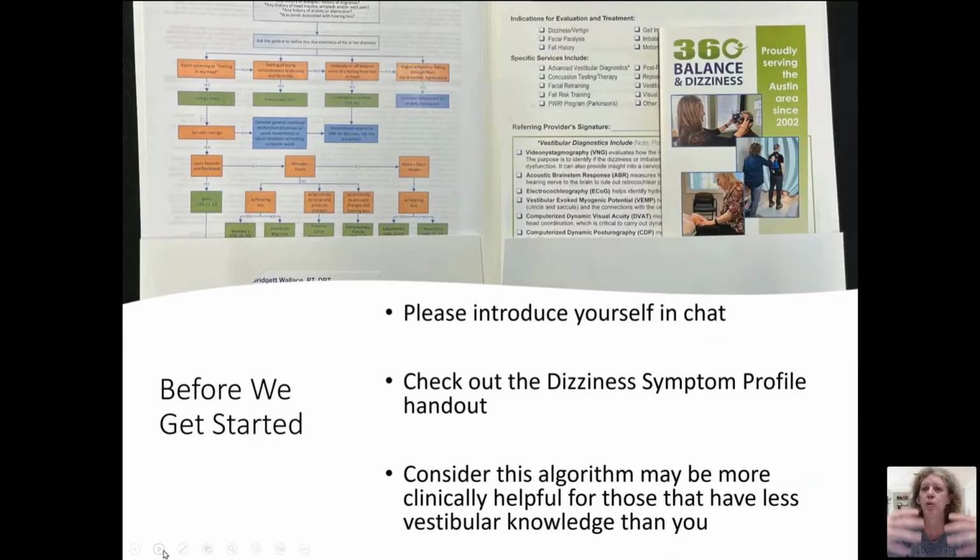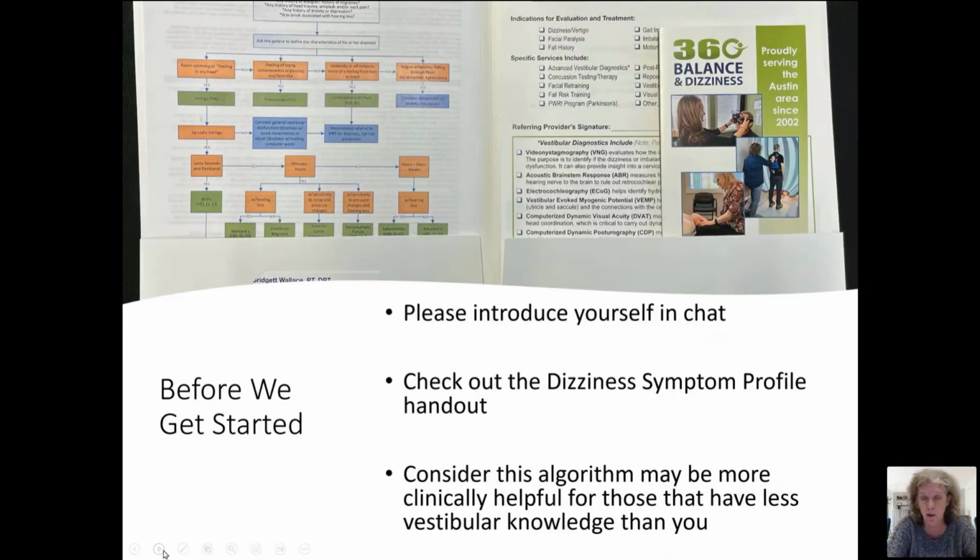Here are a few basic questions you can ask, and some basic clues from the history, working through an algorithm for a possible diagnosis, and then what tests may be helpful in that case scenario.